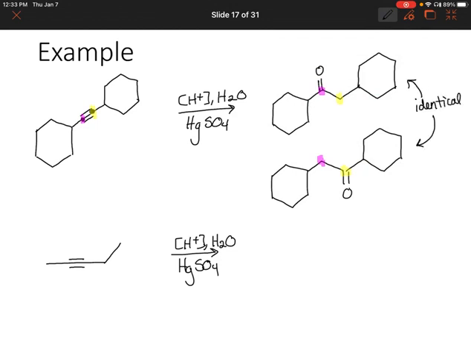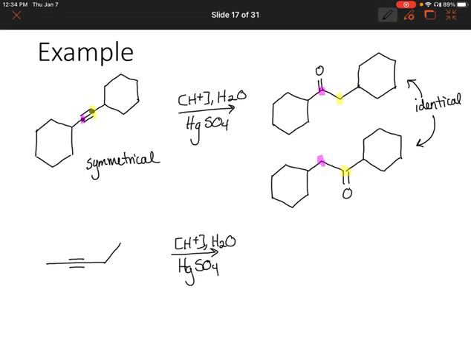So we'll just make a note of that. Now notice that the starting alkyne is symmetrical. Symmetrical has 2 M's. There we go.